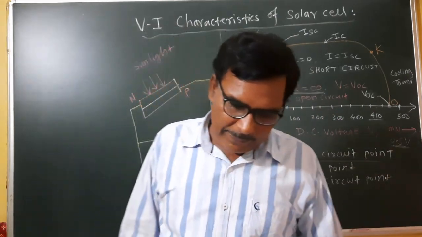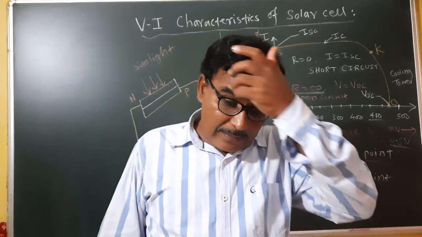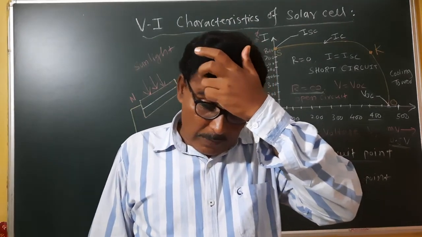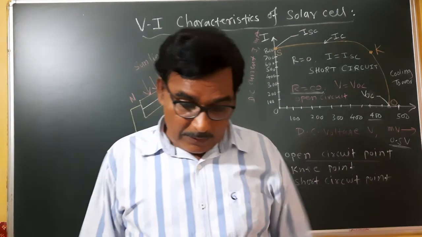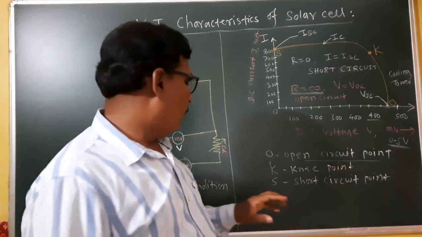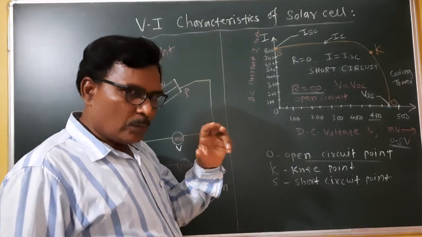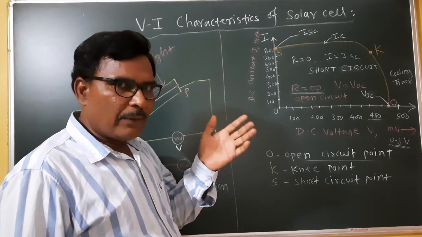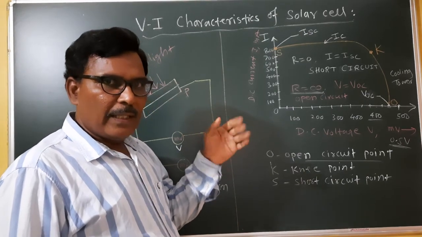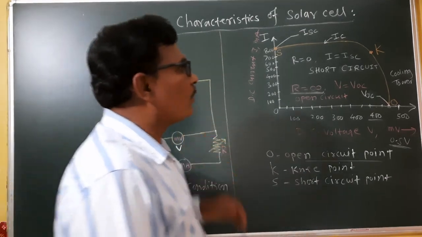After that, what will happen? The external resistance is very high, in the megaohm range, or infinity. Now the external resistance R is reduced by reducing the knob: instead of 10 to the power 6, we go to 5, 4, 3, into kilo ohms, then into ohms. The external resistance R goes on reducing.